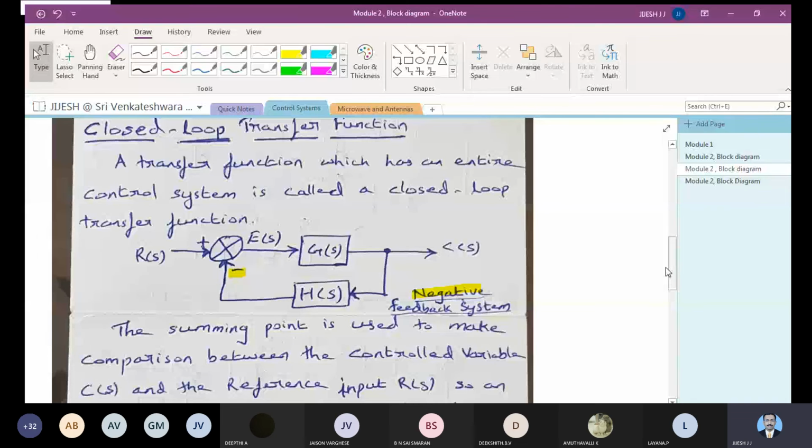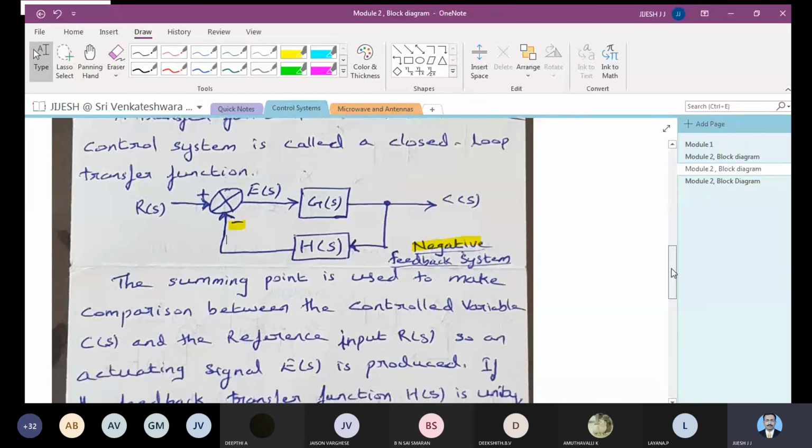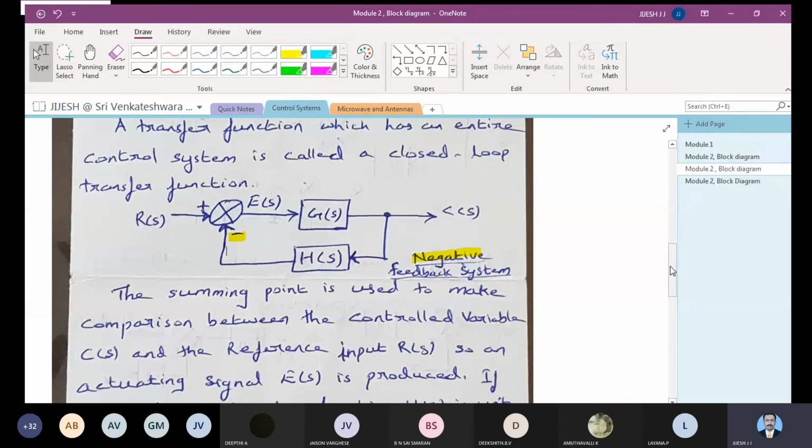So you are going to see C of S by R of S. The summing point is used to make the comparison between the controlled variable C of S and the reference input R of S. So the actuating signal, you can call it E of S, is produced. You'll be writing the equations for C of S by R of S.